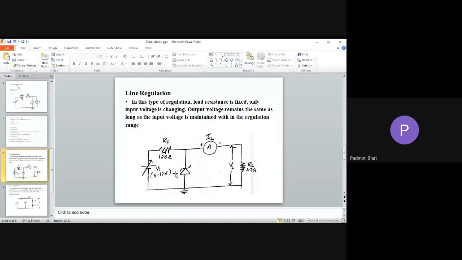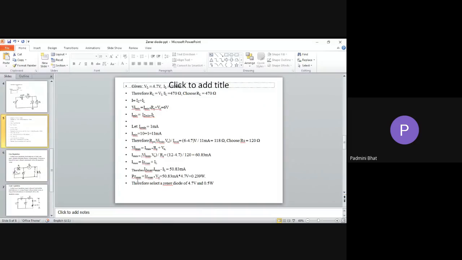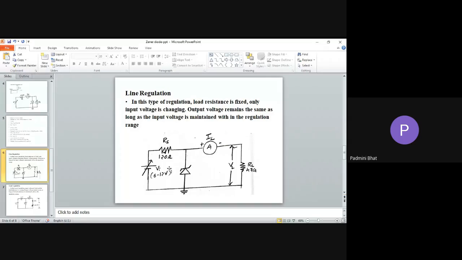So now, where am I? Check here. Power is 50.83 into 4.7, which gives me 0.239 watt. So I will be selecting a standard 0.5 watt Zener diode, because when I design I need to know what type of Zener diode I require.